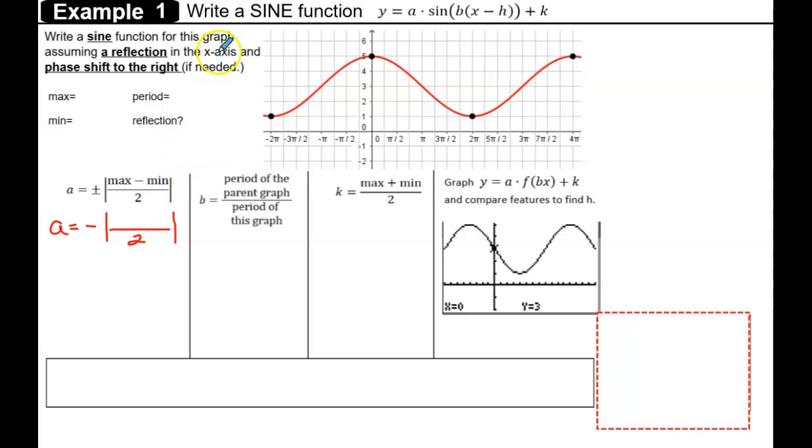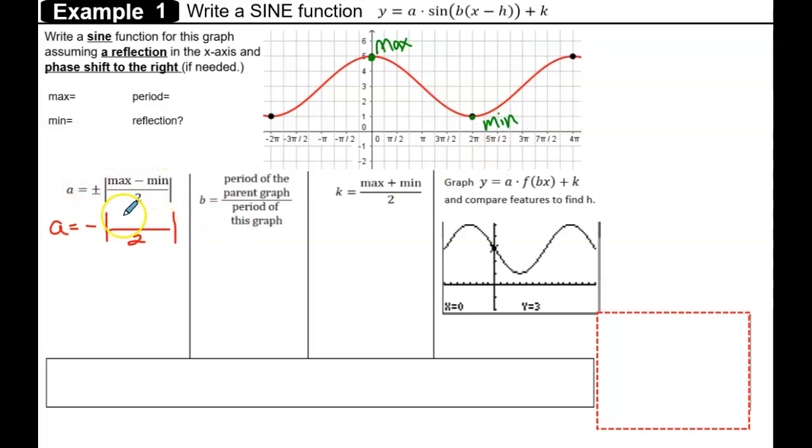Okay, and then a phase shift to the right if needed. So we don't know yet whether a phase shift is required in our function or not, but if it is required, the problem directs us to shift to the right and not to the left. So if I look at my graph and I want to identify my extrema, this sine curve has an absolute max at 5 and an absolute min at 1.